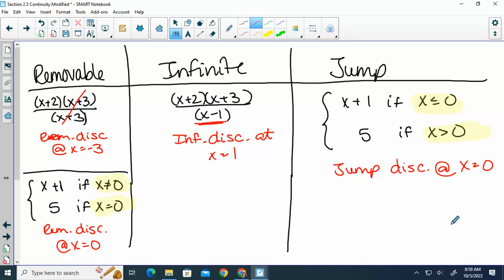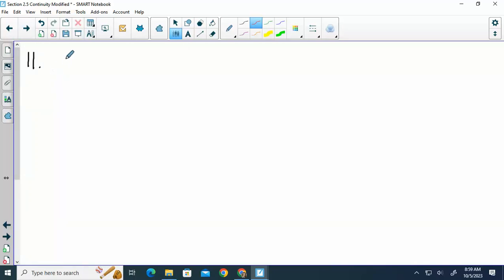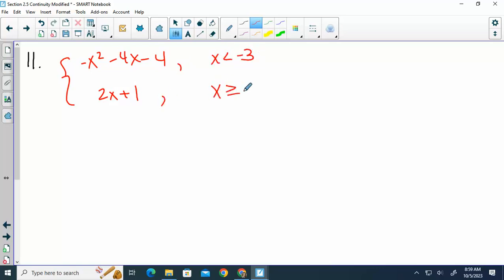We can probably predict, just by looking at that equation, can you tell me where we would have a discontinuity? -3. And what kind of discontinuity would it be? That should be a jump discontinuity.